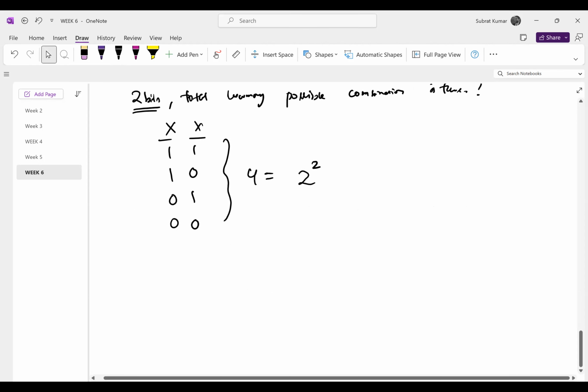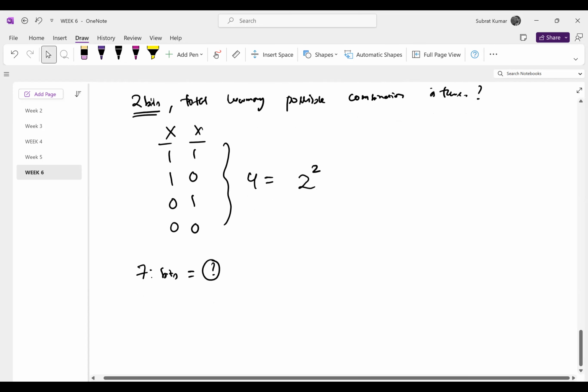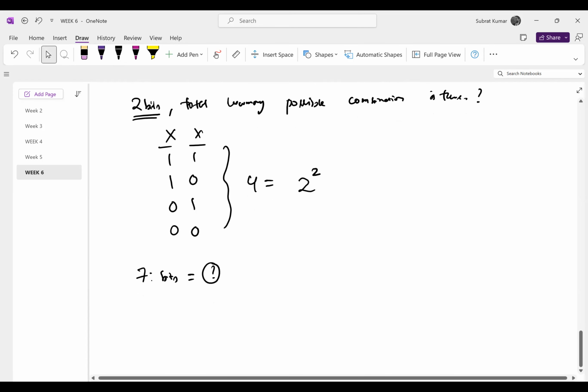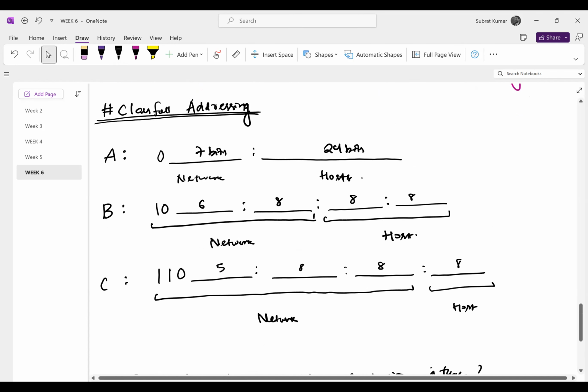Similarly, if there are 7 bits for the network, how many possible combinations will be possible? 2 to the power 7. Similarly, if we calculate how many hosts and how many networks are possible, let's just calculate for the network. How many networks can we uniquely represent with this representation?